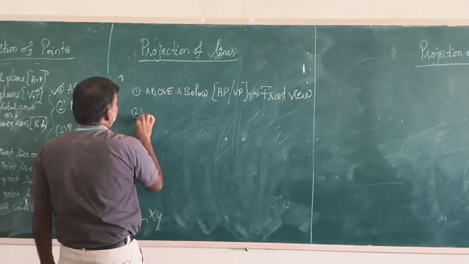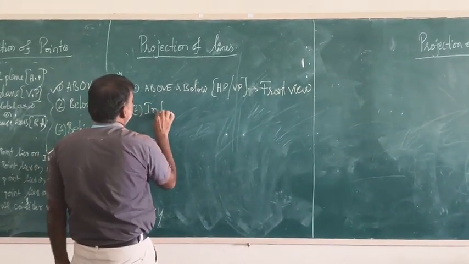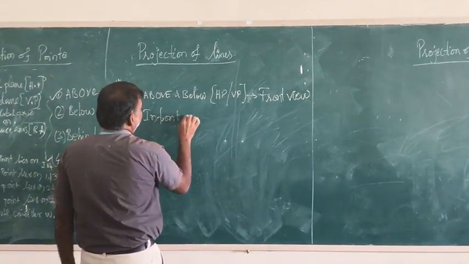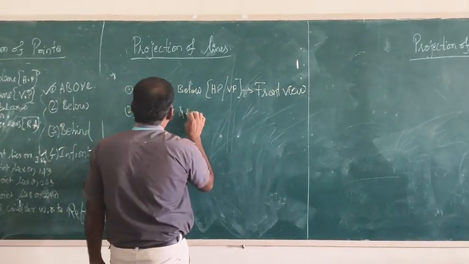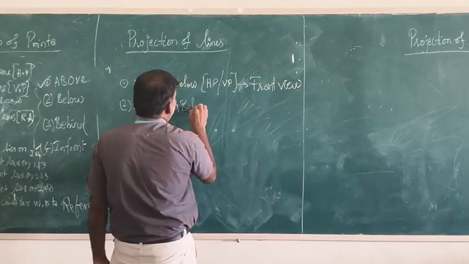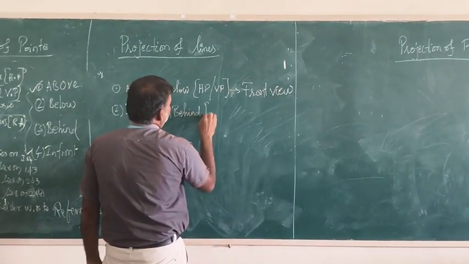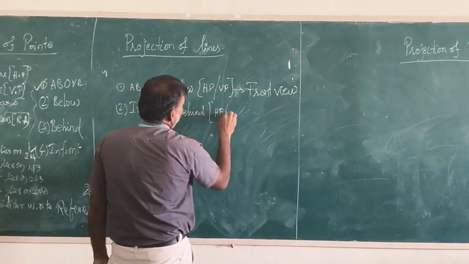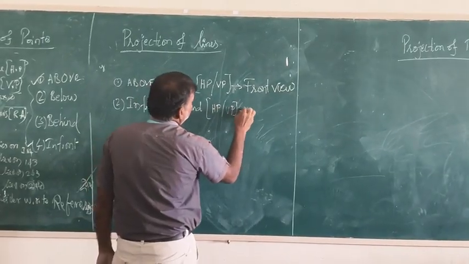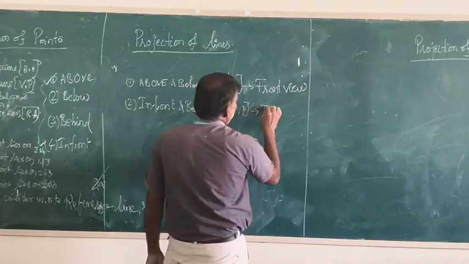Next, the second one, in front and behind, of HP or VP, which clearly shows the top view.